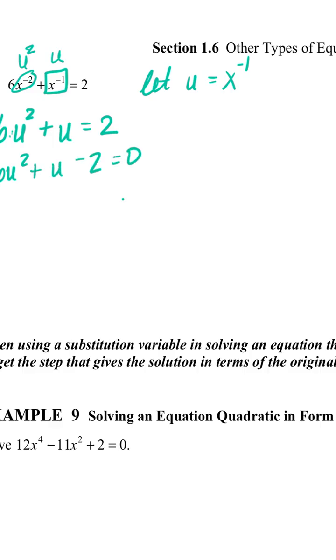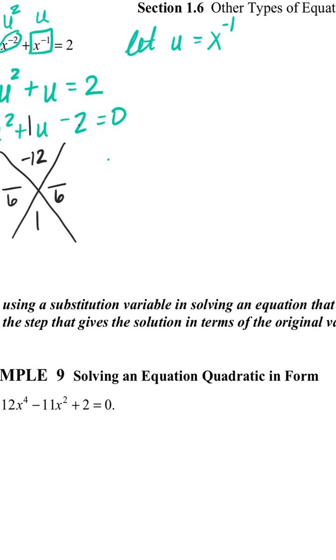So let's factor this out. So we have that 6 leading in. 6 times negative 2 is negative 12. There's a 1 right here, so let's bring it down. So I know that 4 times 3 is going to give me 12, and they're also close to being 1. So it needs to be a negative 3. 4 minus 3 is 1. 4 times negative 3 is negative 12.